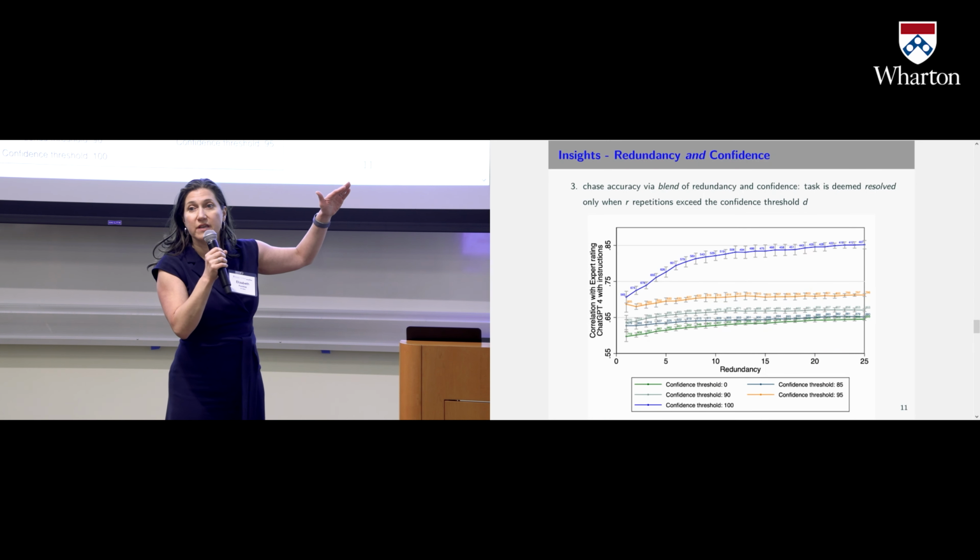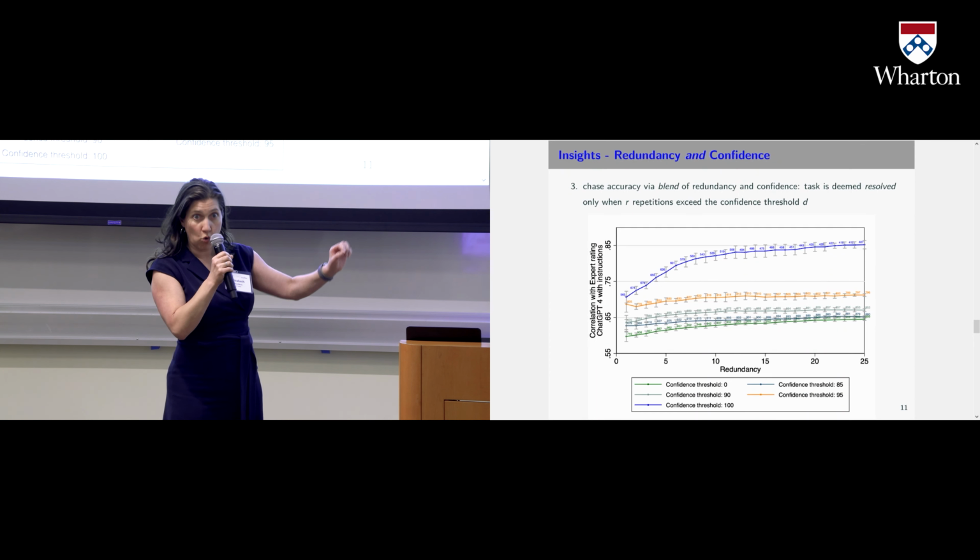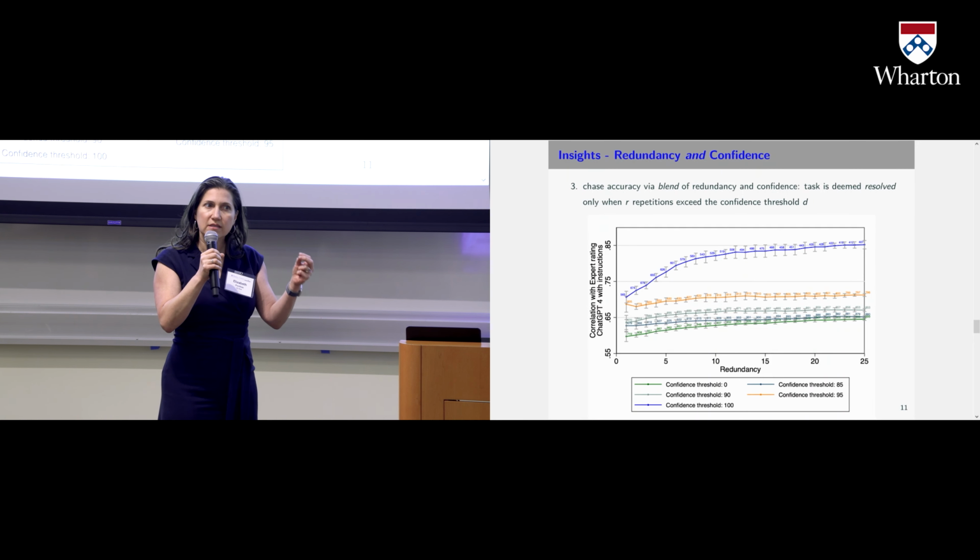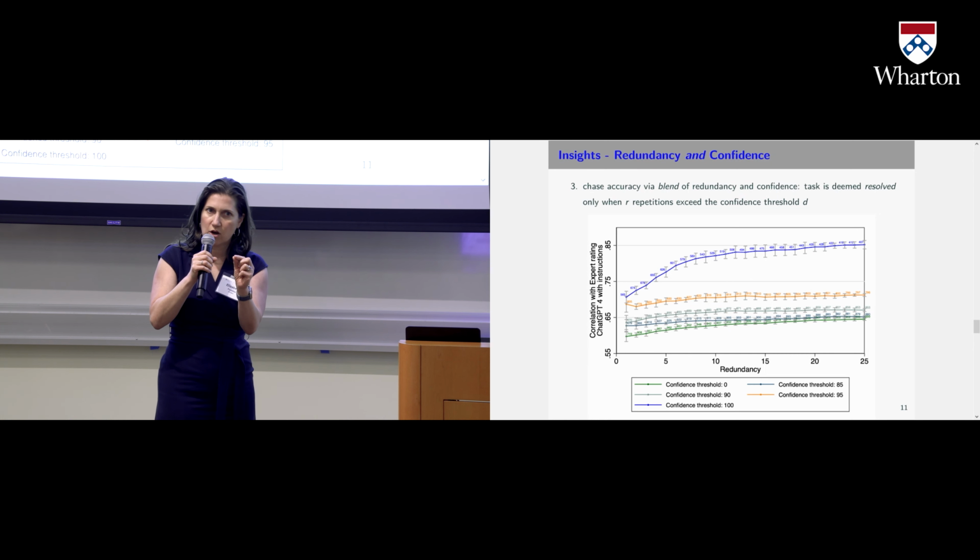And only at the 100% threshold do we get a relationship between more redundancy and higher accuracy. What redundancy means with confidence is that we average the confidence across questions. So if we just do redundancy in classification, which is it classified this way or not, we don't see a lot of variance, first of all, and we don't see an improvement.